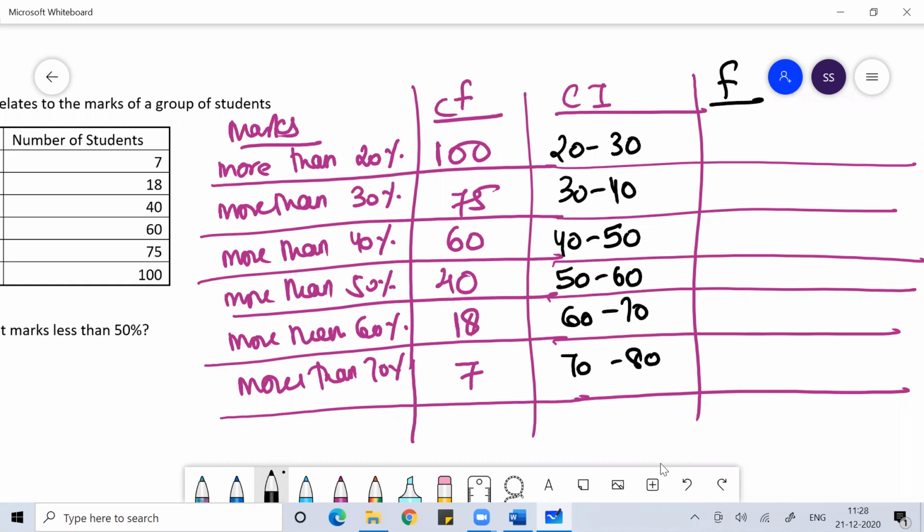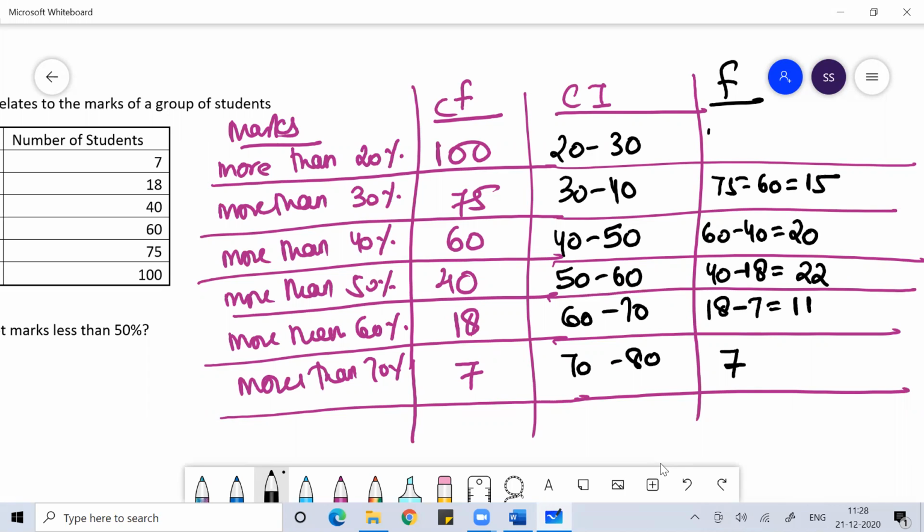And for the normal frequency, at the bottom it is 7. Then how to find the next? 18 minus 7, you will get 11. Then 40 minus 18, you will get 22. Then 60 minus 40, that is 20. Then 75 minus 60, that is 15.